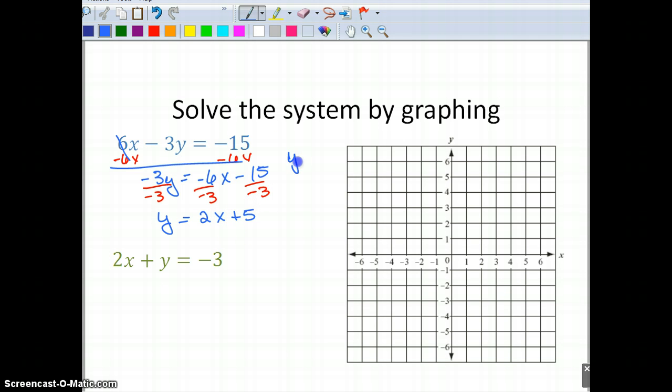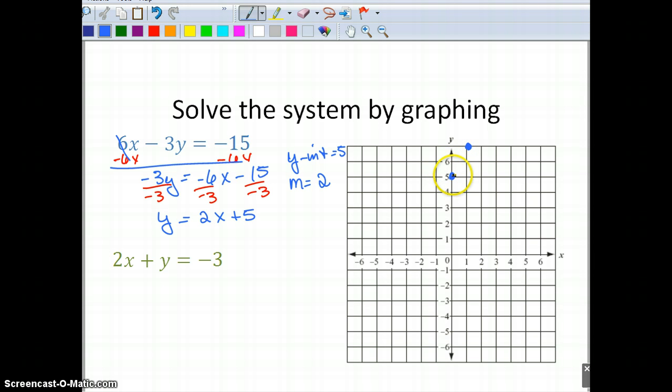plus 5. Now I know that my y-intercept is equal to 5, and I know that my slope is equal to 2. So I'm going to go to 5 on the y-axis for my y-intercept. I'm going to rise 2, and I'm going to run 1.